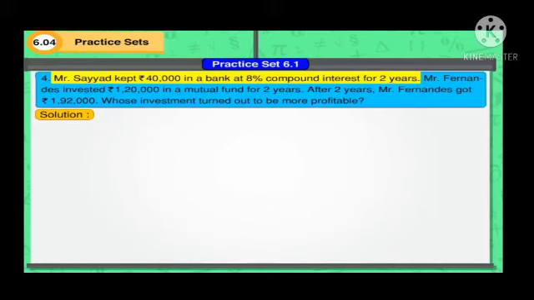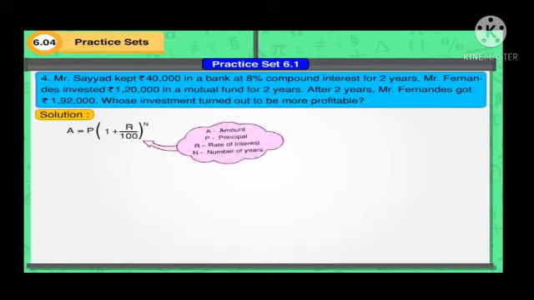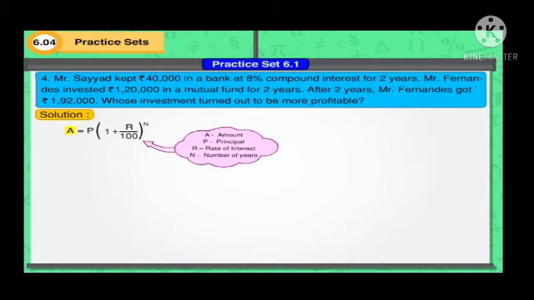Mr. Syed kept rupees 40,000 in a bank at 8% compound interest for 2 years. So here we get A is equal to P into 1 plus R upon 100 whole raised to N, where A is equal to amount, P is equal to principal, R is equal to rate of interest, and N is equal to number of years. Now, principal is 40,000.